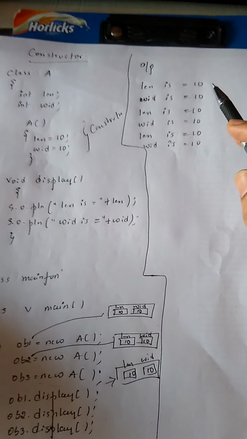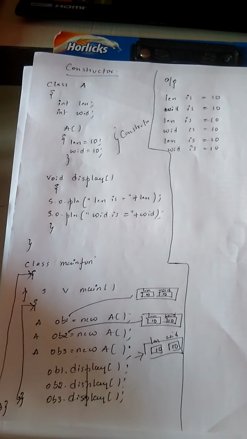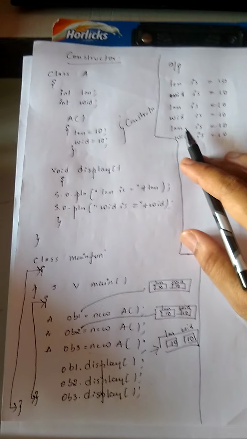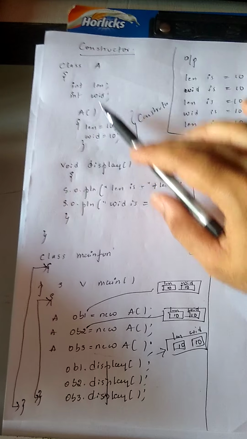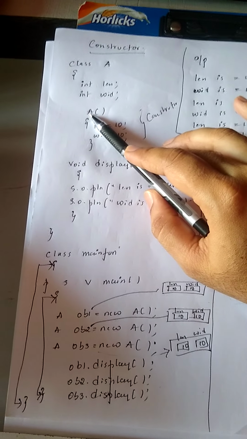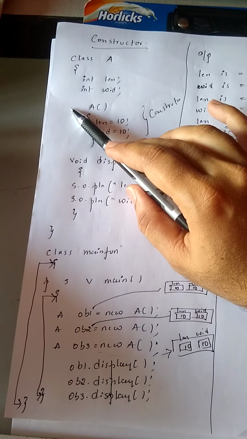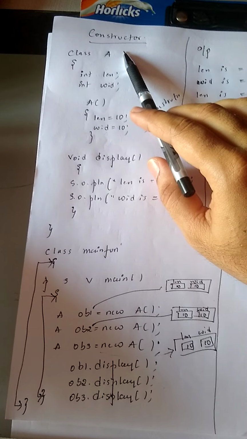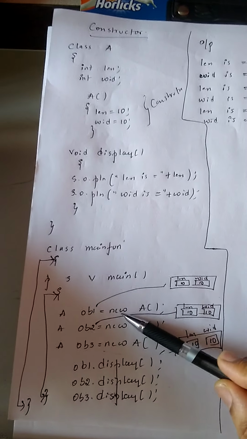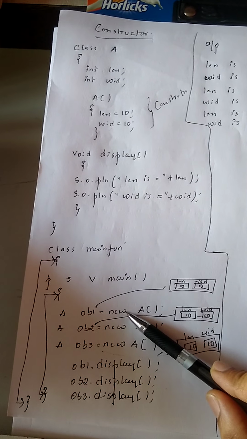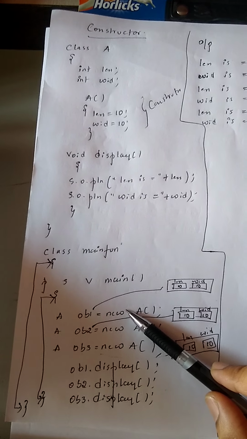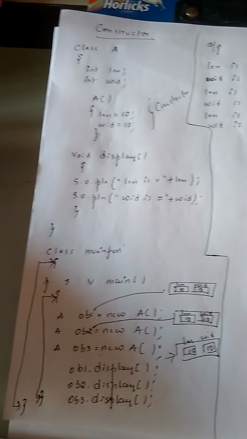Now how to define a constructor? A constructor is a special member function. We'll call this a special member function with the same name as the class, with no return type, not even void, and that will be executed whenever an object gets created, and we use a constructor to initialize data members.